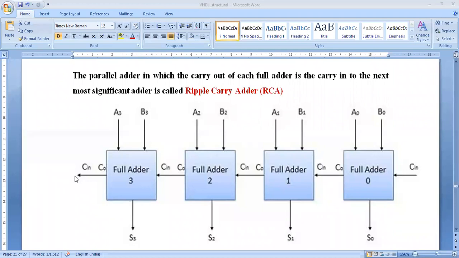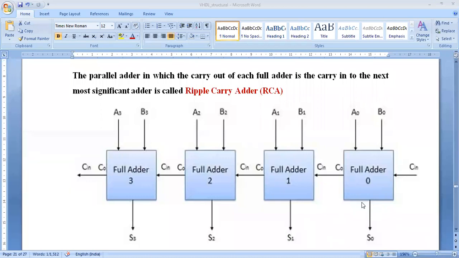Therefore, this circuit is obviously a slower circuit. Why? Because the final carry out signal depends on the internal carry outputs, since the carry has to ripple from the first full adder stage to the last full adder stage. So that's why this circuit has a drawback.